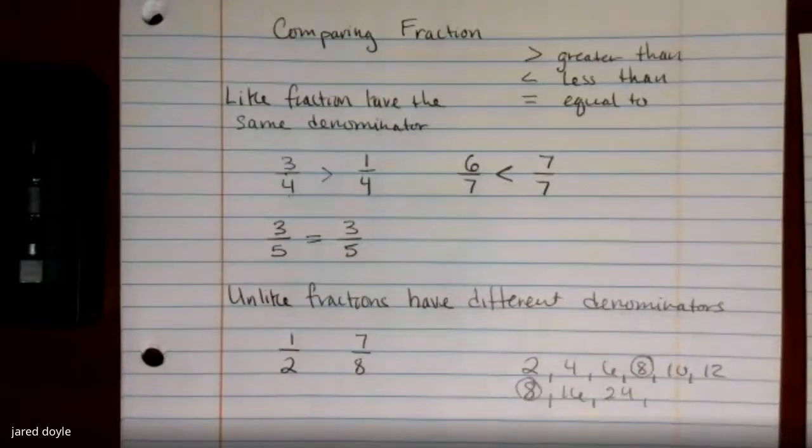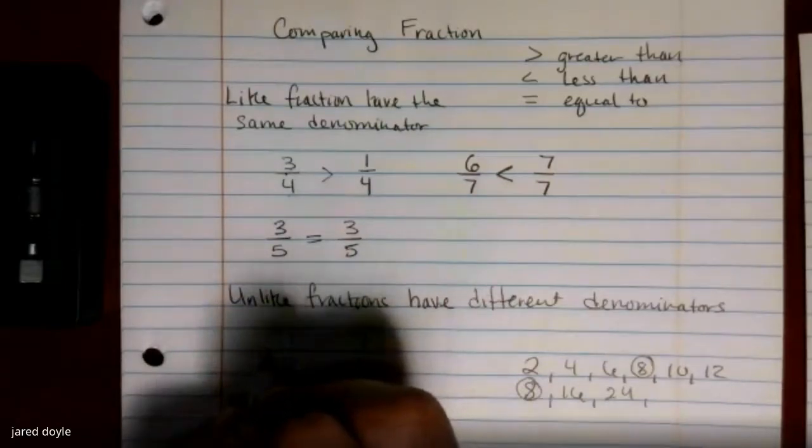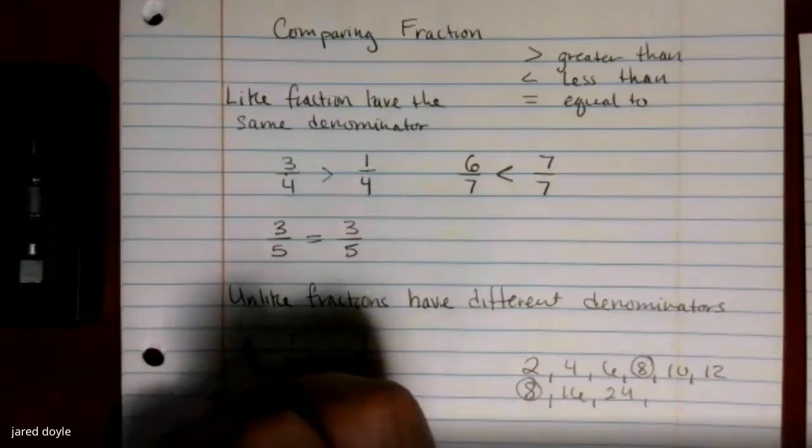And 8 would be then 16, 24, and so on. I don't need to go very far. I can see the first number that's the same is 8. So I just need to make this 1/2 match the 8 for the denominator. I won't have to do anything to this one because it's already got that common multiple that we want there.